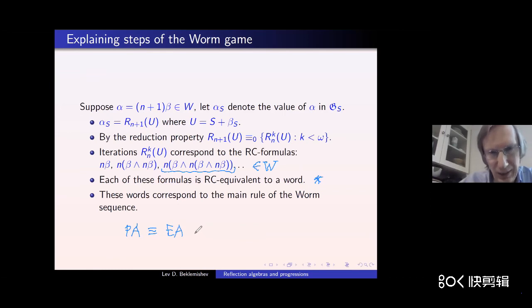So PA is EA plus, if you like, Rn of EA for each n smaller than omega, which gives you the limit of this process of the size epsilon naught. And that's more or less how one proves, using this method, the independence of the worm principles.